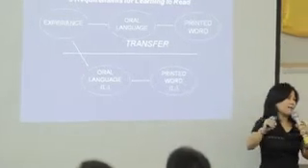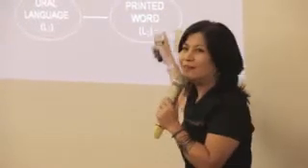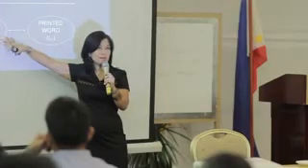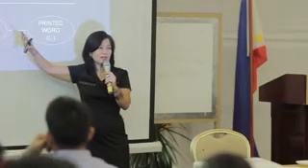Okay? And I would say that that would be the reason why many times we say, why do my students not comprehend? Why do they not get here? Because they don't know what they are reading. They don't understand it.